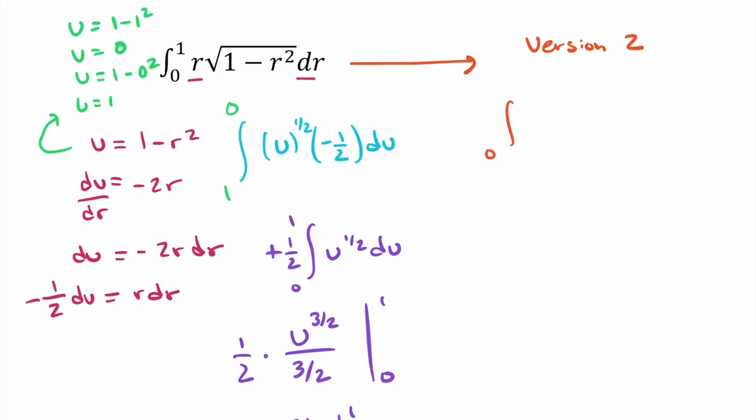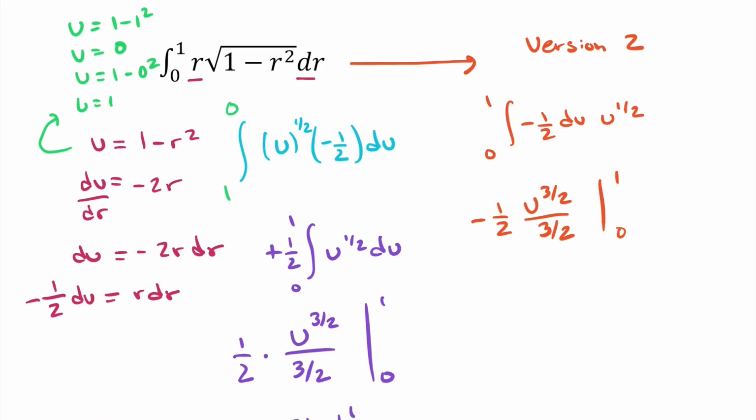I would just write it 0 to 1. My r dr becomes negative 1/2 du, and then I have u to the 1/2 power. I'm going to leave the negative 1/2 here and find the antiderivative. So negative 1/2, the antiderivative of u to 1/2 is u to the 3/2 over 3/2 from 0 to 1.